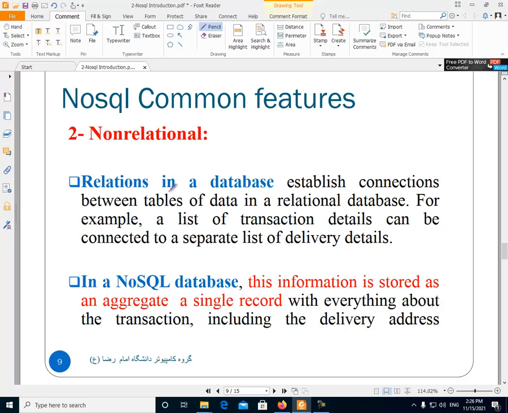We don't have these relations in the NoSQL database. We don't have relations between different data, and all of the data is stored together as an aggregate, a single record.